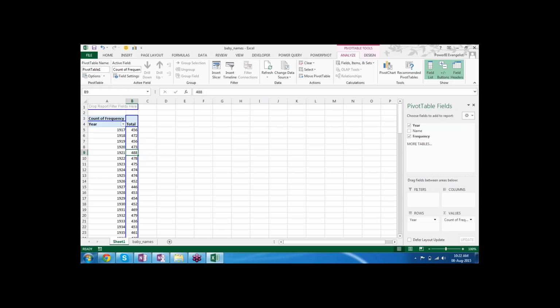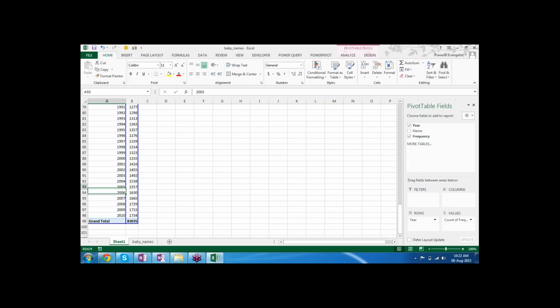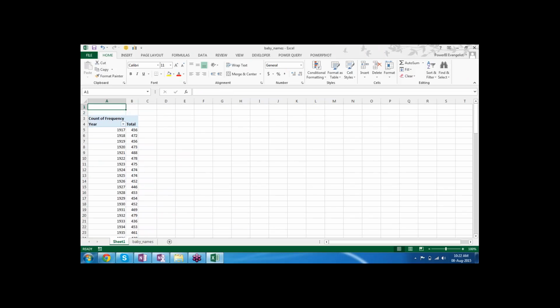We are looking for the trend of population for these years. From 1917, if you go down, you will see that the year goes till 2010, so almost around 94 years of data is there.